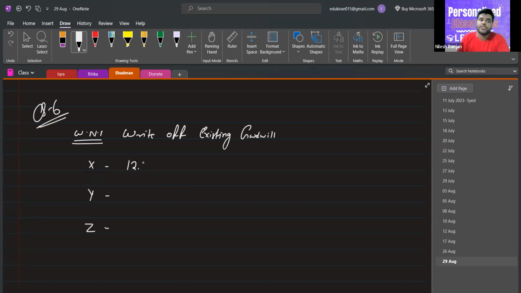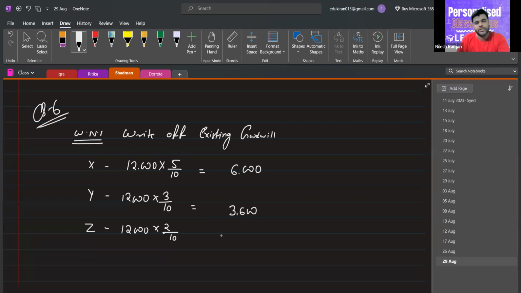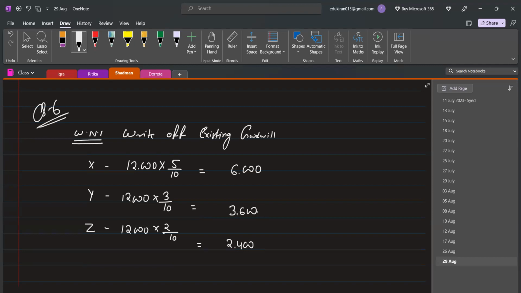So 12,000 into 5/10, 12,000 into 3/10, and 12,000 into 2/10. So it is 6,000 here, 3,600 here, and 2,400.